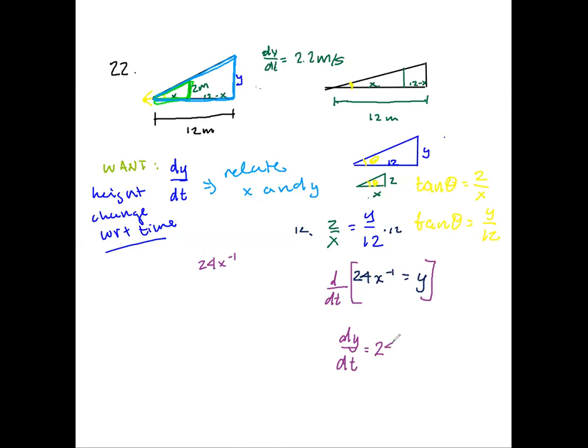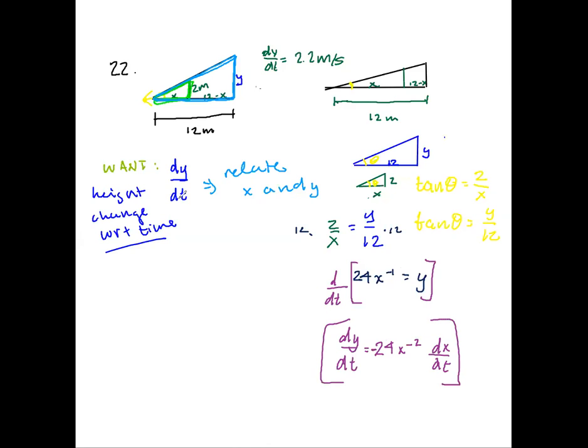This would be minus 24x to the minus 2 times dx/dt, just because we're going to be multiplying by this minus 1 and then subtracting from the power in the power rule differentiation.